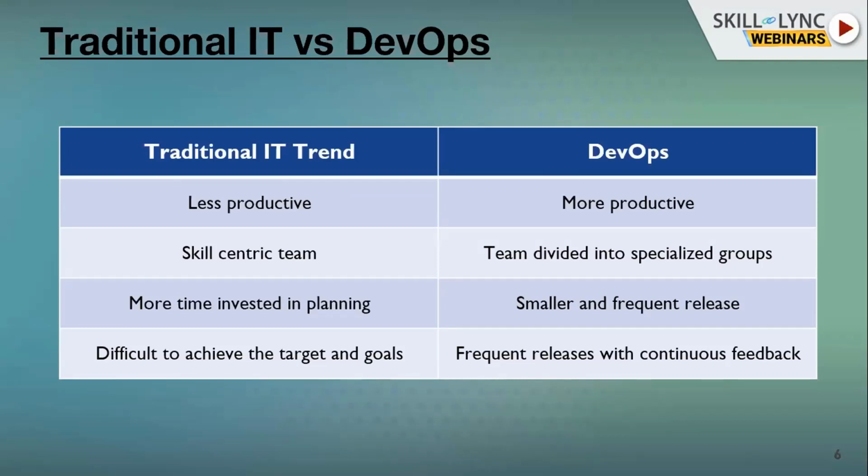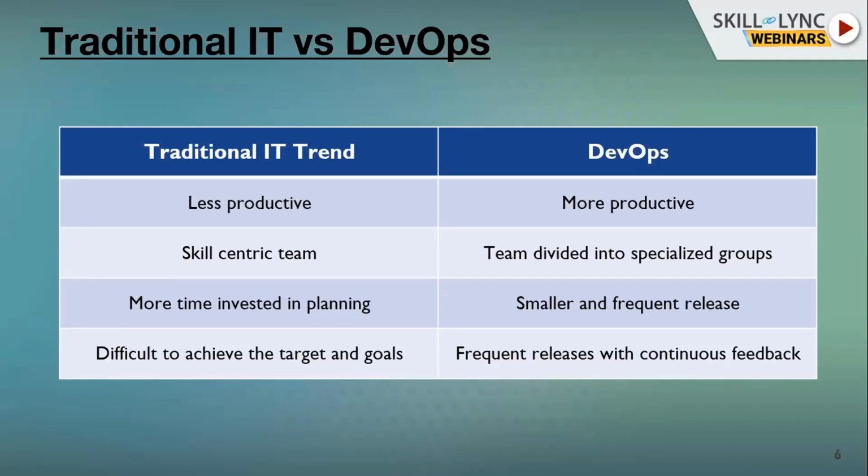We have already talked about how more time was invested in planning in the traditional IT trend, whereas in DevOps we have small and frequent releases. After every sprint, or after every 6 to 9 days, we have a small release which showcases a small piece of software we have developed for the product.